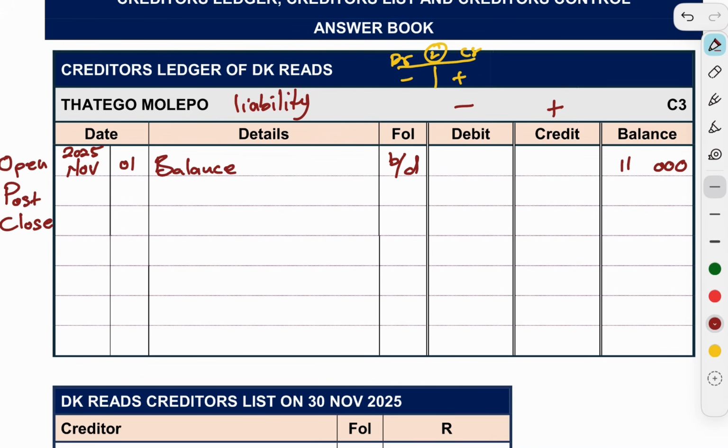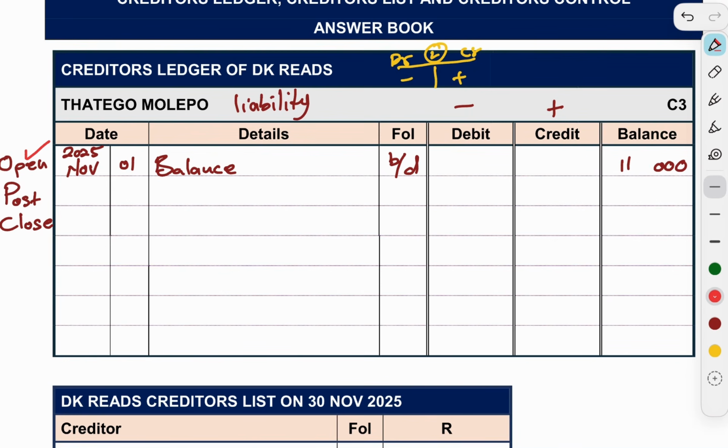Okay, so if it's a transaction, if you're posting a transaction, that's where you're going to record either on the debit side or on the credit side. Okay, so let's go back now. Now we are going to post. We are done with the first step, opening. Now we need to post to the account of Thategô Molepo.